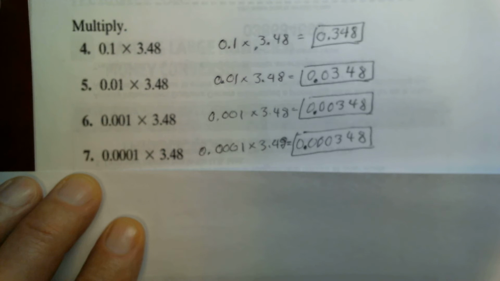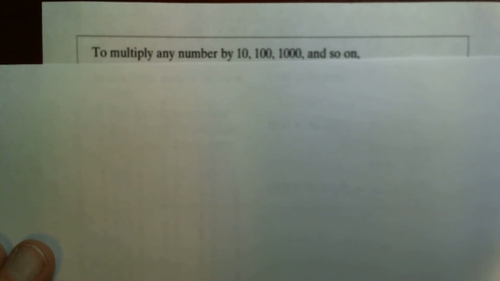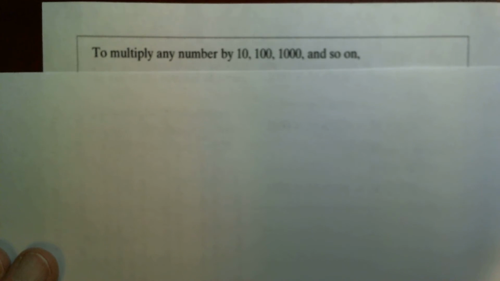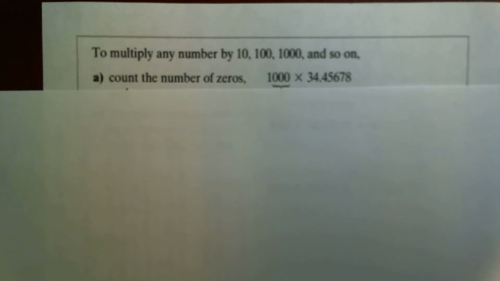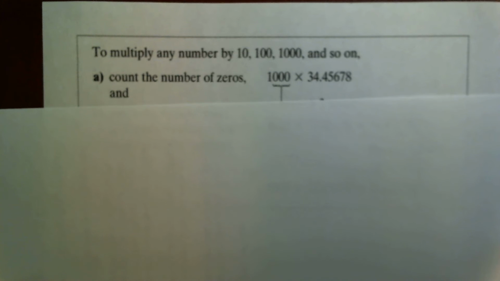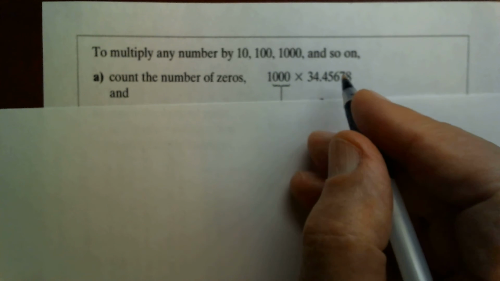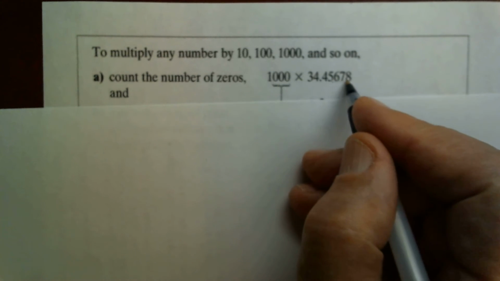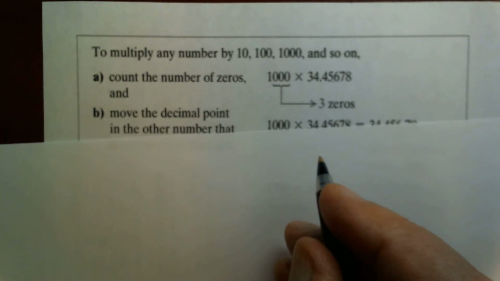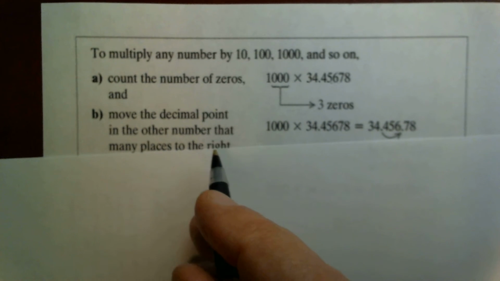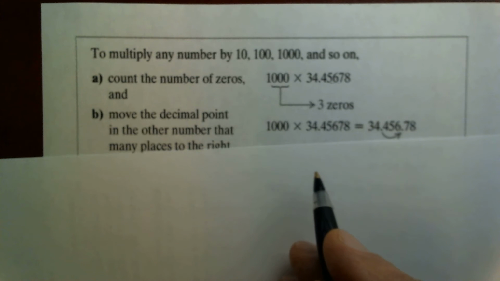Now to multiply any number by 10, 100, 1000, and so on is also quite simple. In this case, we count the number of zeros, for example, 1000 times 34.45678, and then move the decimal point in the number that many places to the right.